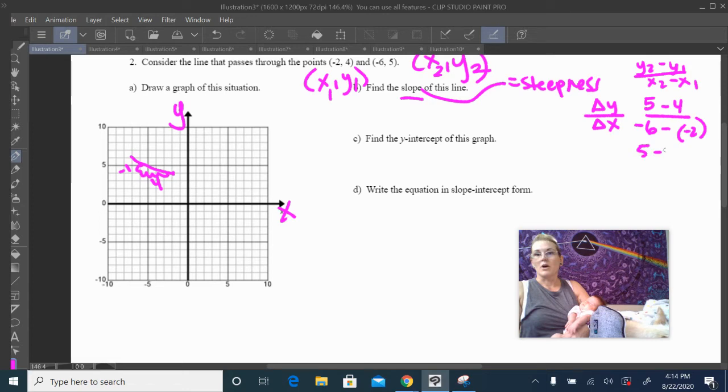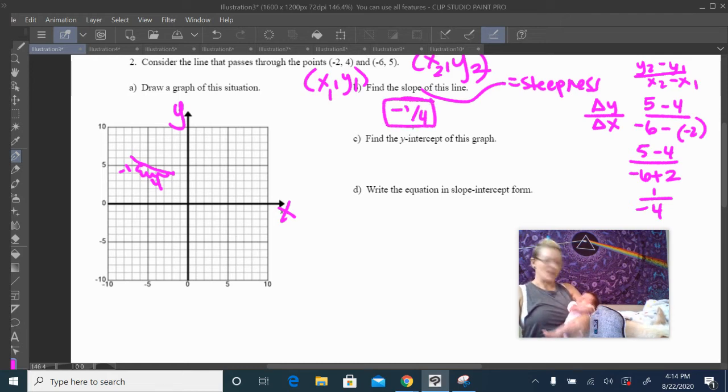Notice also on the bottom when I subtracted, I made sure to subtract the -2, not just -2, because it's not 2, it's -2. So on the bottom, -6 plus 2, so 1 over -4, and that's the same thing as -1/4. You agree? Oh, yeah. So my slope is going to be -1/4, and I also can verify on the graph.